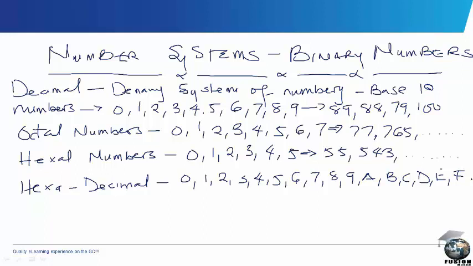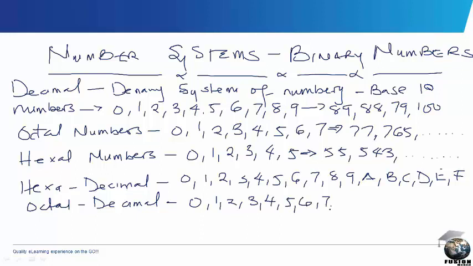The same thing happens to octadecimal numbers. You have digits consisting of 1, 2, 3, 4, 5, 6, 7, 8, 9.